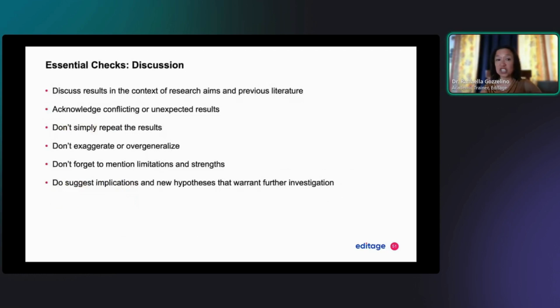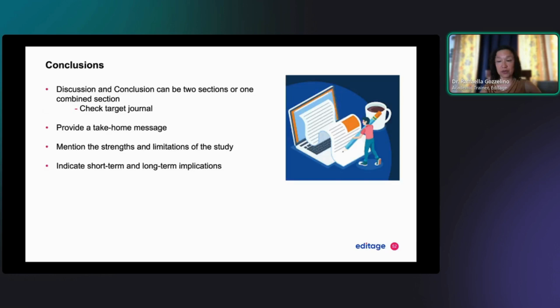As an essential check, discuss the results in the context of the research aim and previous literature, acknowledge conflicting or unexpected results, do not simply repeat the results, do not exaggerate or overgeneralize, do not forget to mention limitations and strengths, and suggest implications and new hypotheses to warrant further investigation.